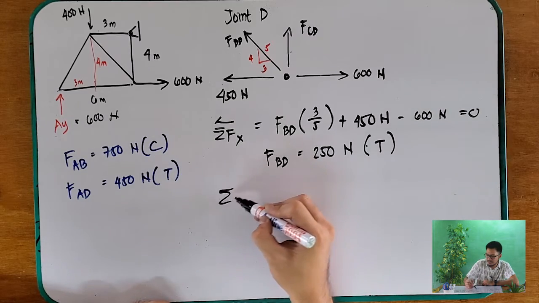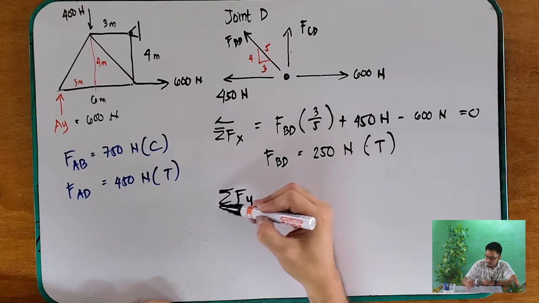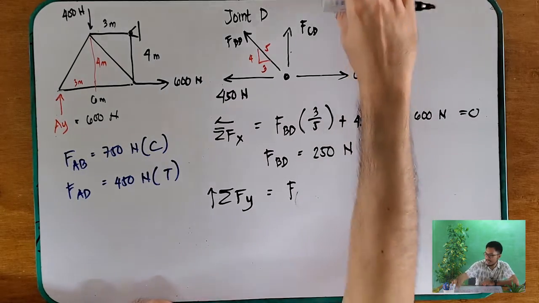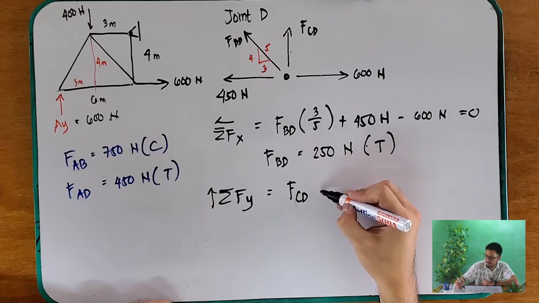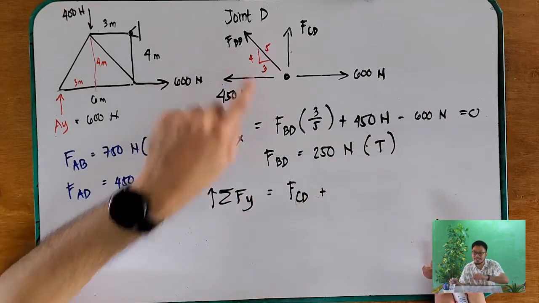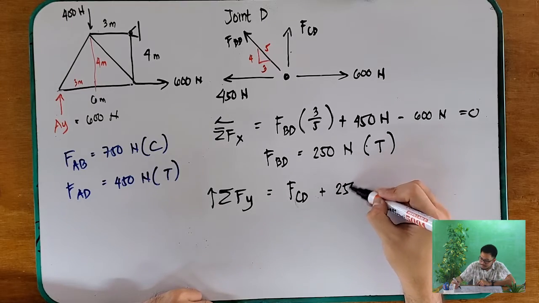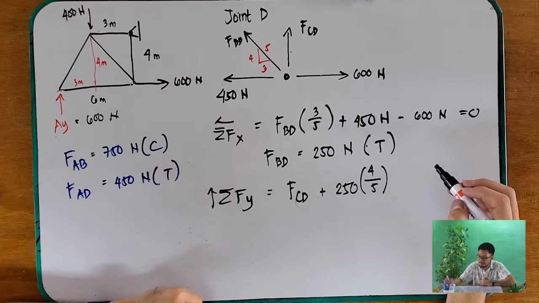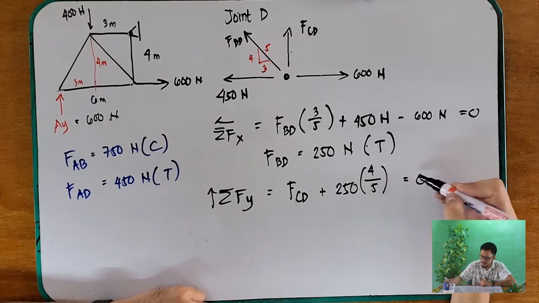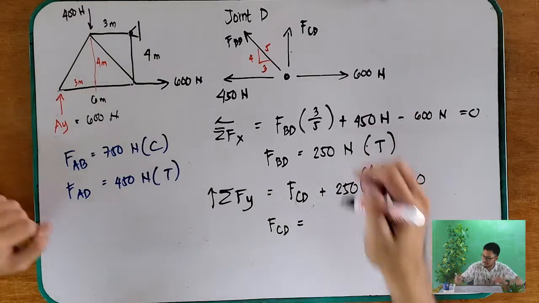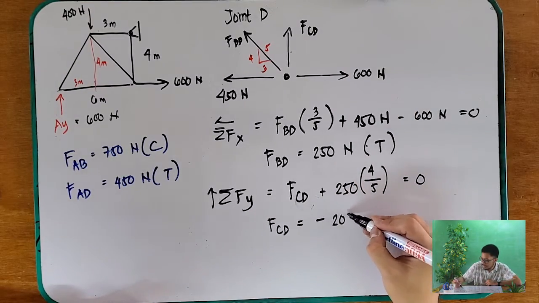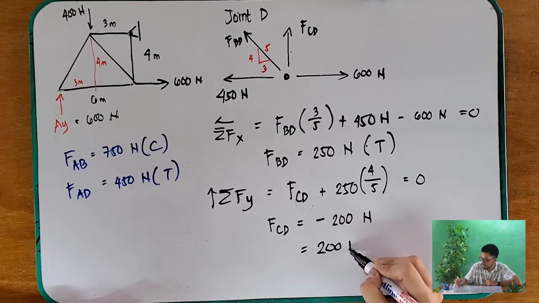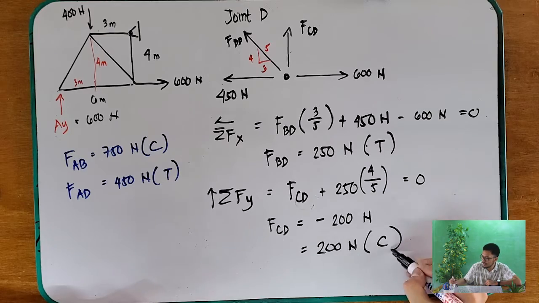And summation of forces along the y, so going up, is equal to FCD plus, since positive man, so di na ta mag-change of direction, 250 times 4 over 5, is equal to 0. And then your FCD is equal to negative 200 newtons. And change the sign, 200 newtons, and that is compression.